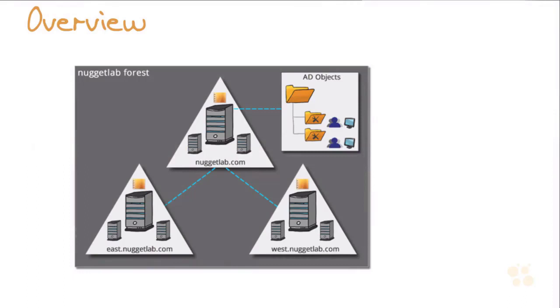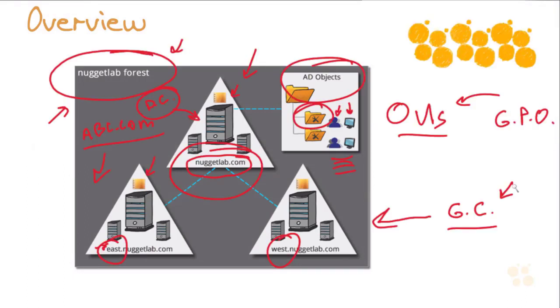This is also called a root domain, and below this I will create another domain, which is called the tree domain or child domain. For example, in my case I have created east.nuggetlab.com and west.nuggetlab.com. The upper one is called our root domain, and the lower one is called our child domain. So basically nuggetlab.com is our root domain.